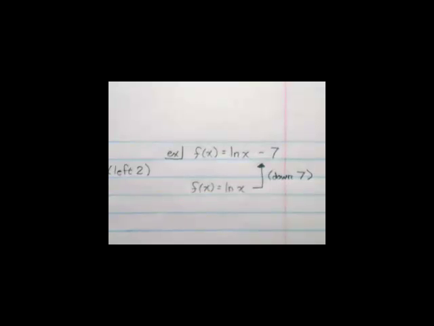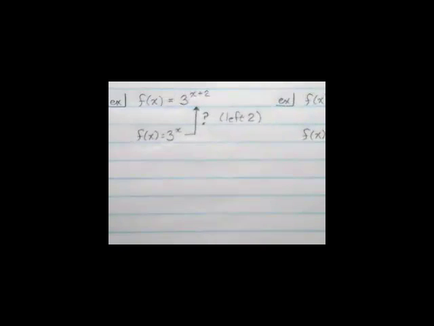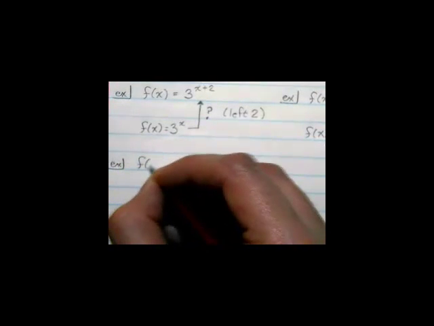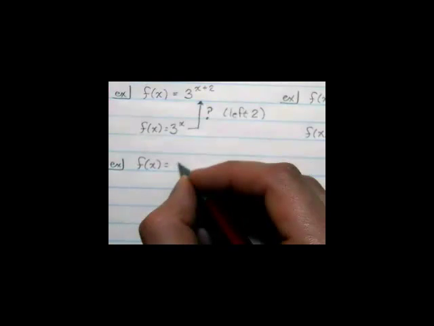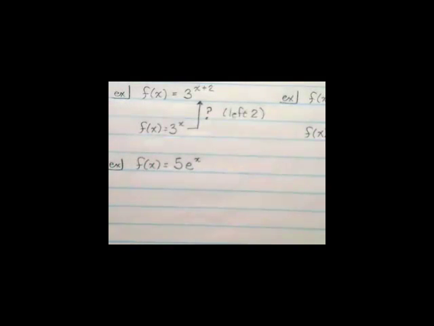All right, so there's some translation stuff, what those might look like. Let's try some stretches and shrinks with these real quick, see if you can do those. Let's say we get 5e to the x.